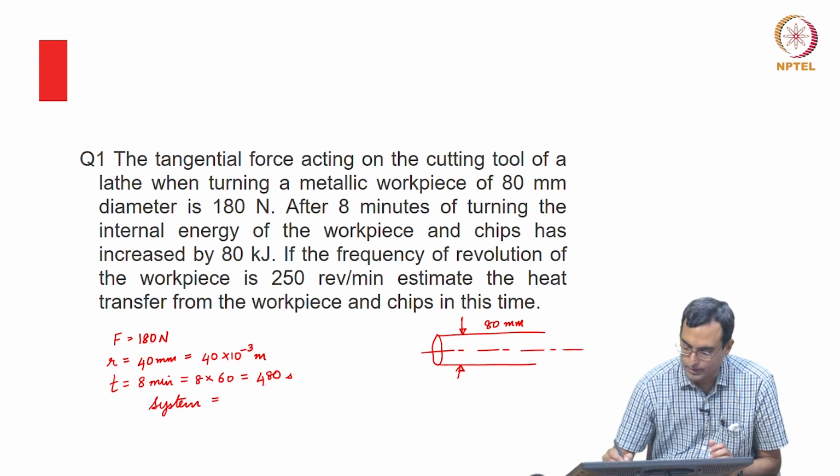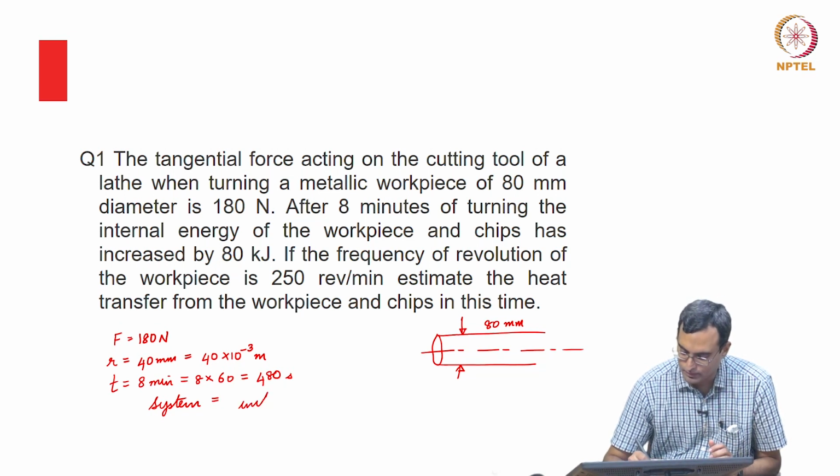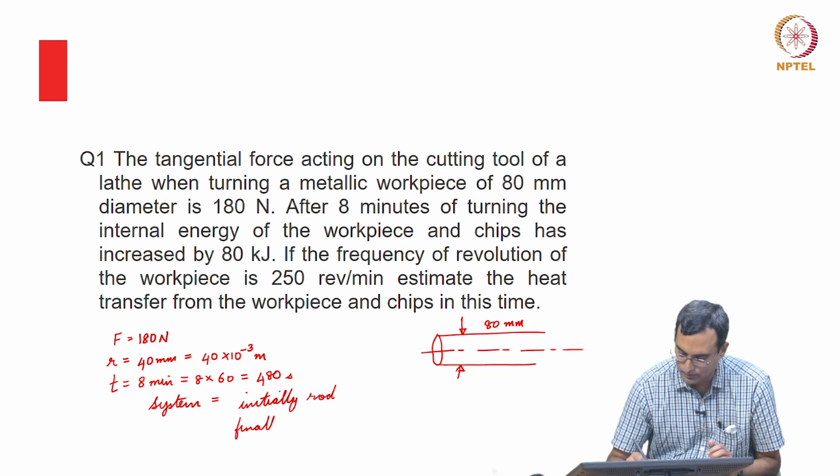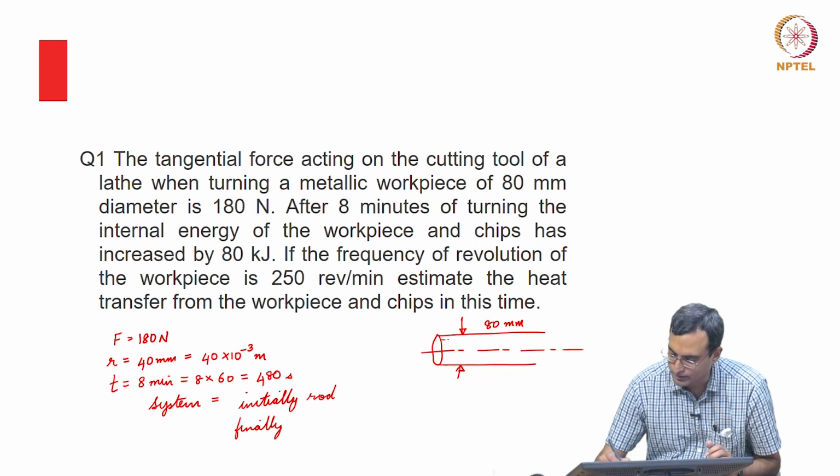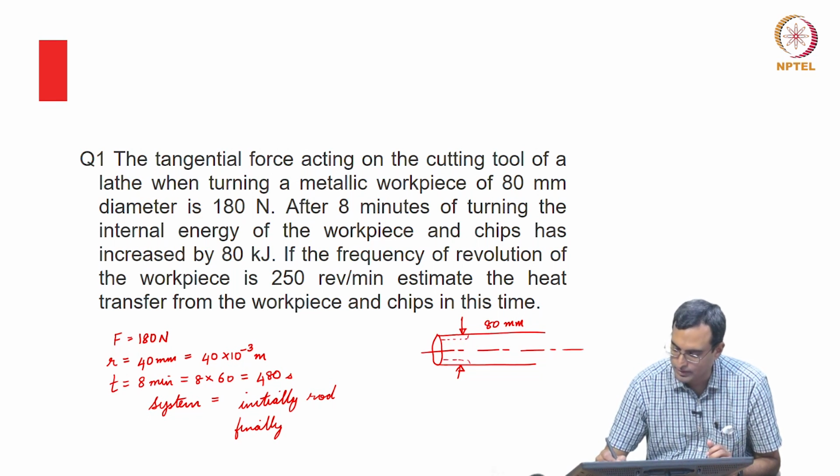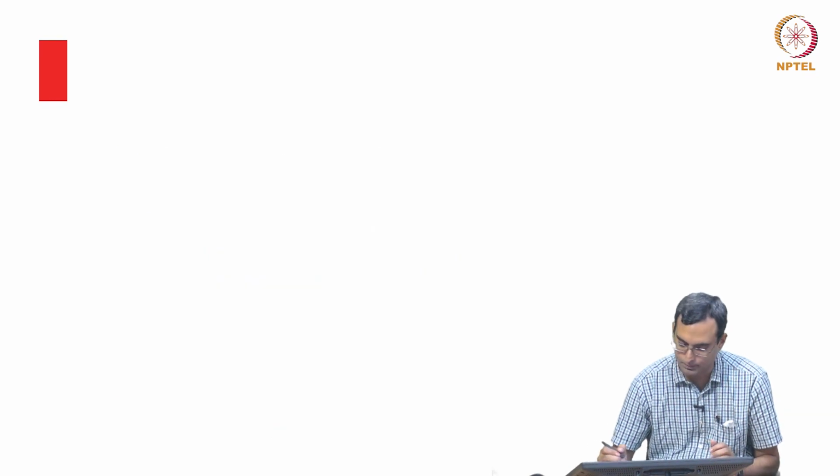So the system is initially this workpiece or the rod. Finally, it is the rod which has been machined. So let's say this amount of material has been removed finally, and whatever here is now the chips. It will become as chips.